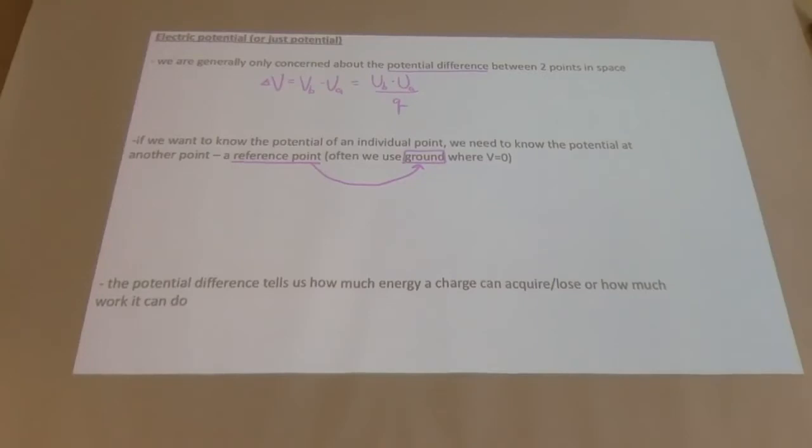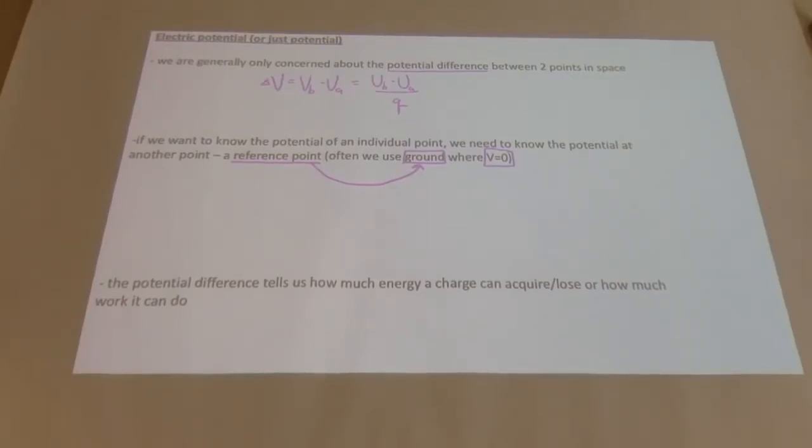Ground is a location where the electrical potential is equal to 0. So if I know the difference in potential between this point and ground, well then the amount of potential at this point is equal to the potential difference. You can see that in this equation, okay?